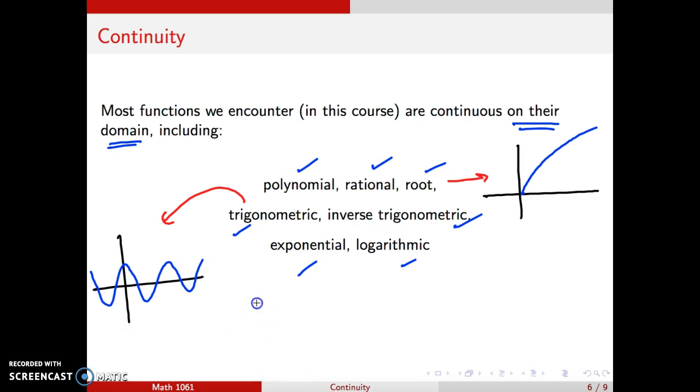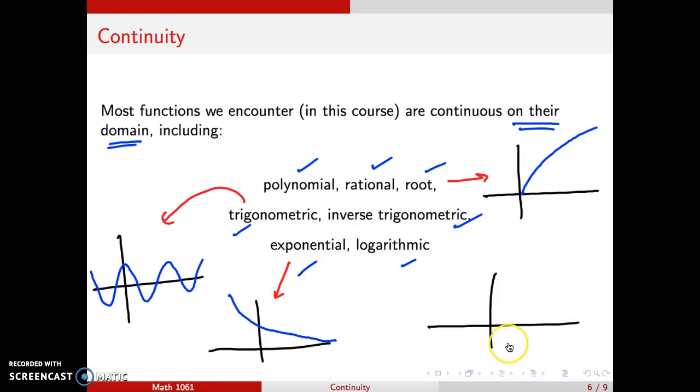An exponential function, maybe it's a base between 0 and 1, so it looks like this. Something like that. Logarithmic functions, maybe something like that. So, not defined everywhere necessarily. Logarithmic functions, for example, would only be defined for positive real numbers, but where it's defined, it is continuous.